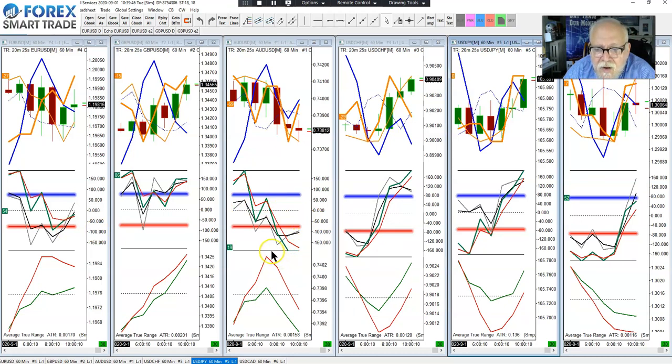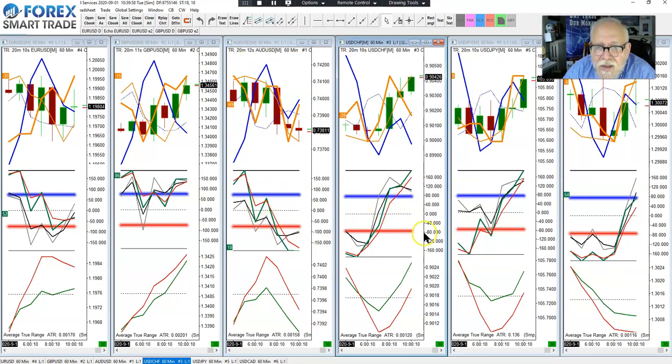So for example, the Australian dollar, AUD USD, and USD CHF are kind of mirrors of one another, where this is going down, this is going up. You've got the mix: the thick orange is going up, thick orange going down, thin orange going down, thin orange going up, pressure going down, pressure going up.